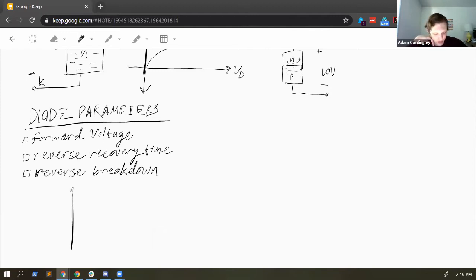So if we were to draw a graph, this is diode current, and this is the diode voltage.